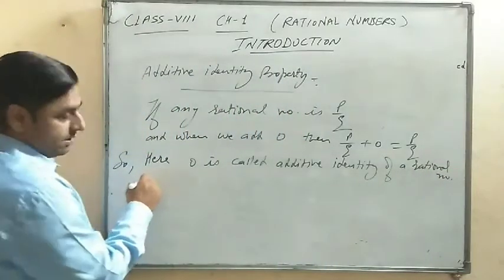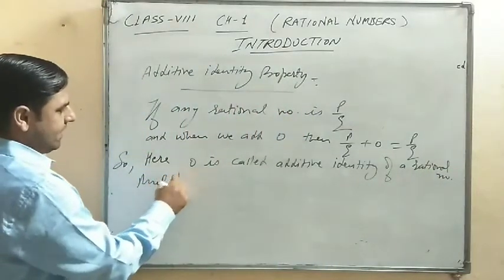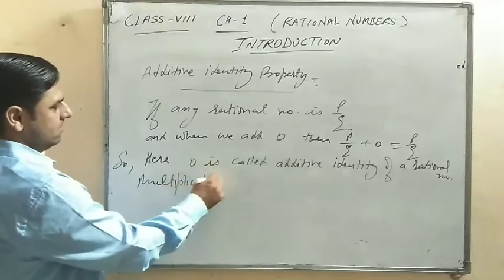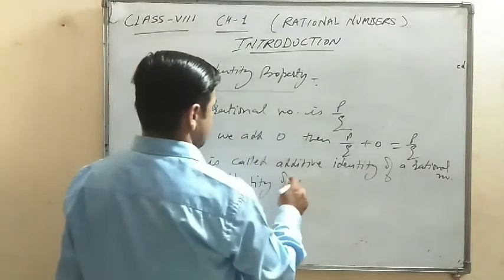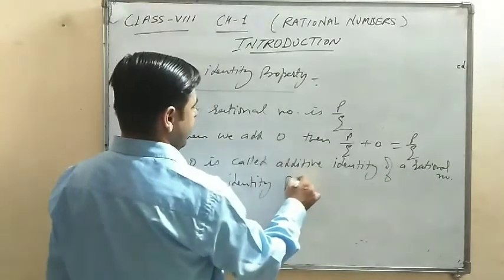Next one is multiplicative identity property.